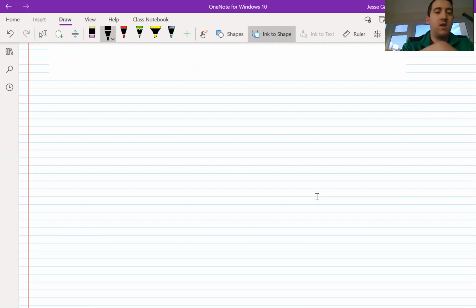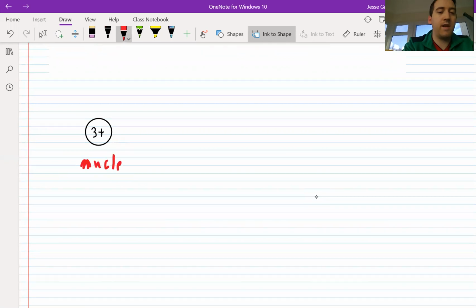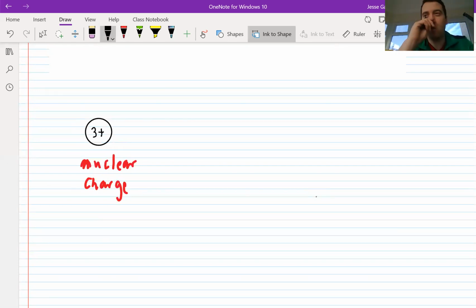First of all, consider these 2 atoms. In one atom, we've got an atom of lithium. Lithium has 3 positive charges. So its nuclear charge is +3. We've already looked at a chlorine atom, so I won't use chlorine again.